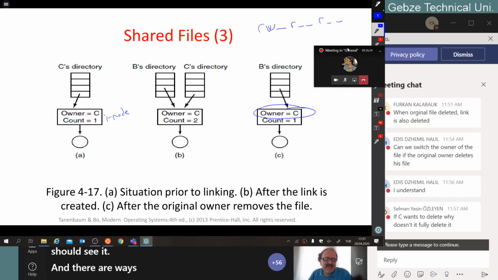But in this case it looks like C says that I don't want this file to take space in my directory, but if somebody else is using it, then they can use it. What's wrong with this one? I own the file, but I don't want to keep a copy of it in my directory. If somebody wants to use it, then they can use it.